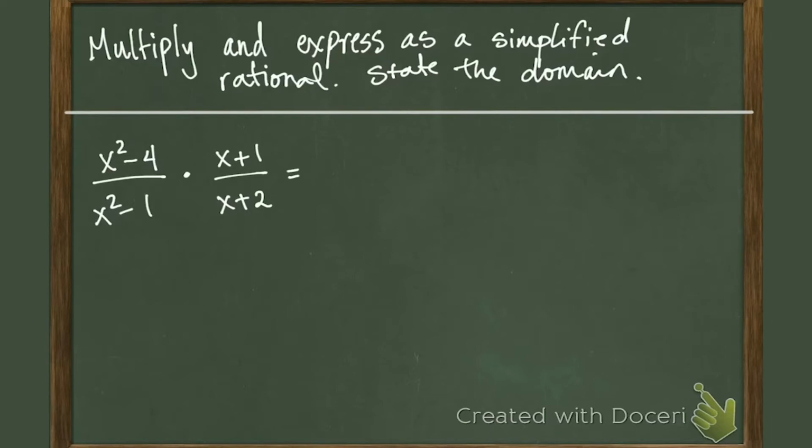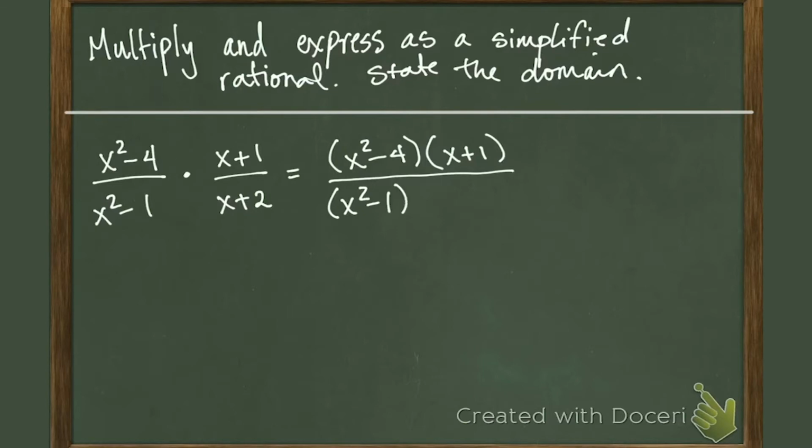We have, this is just x squared minus 4. I'm not actually going to FOIL that out because then I can't do what I'm about to do. So I'm just going to write everything as one fraction, so it's all in one place for us.